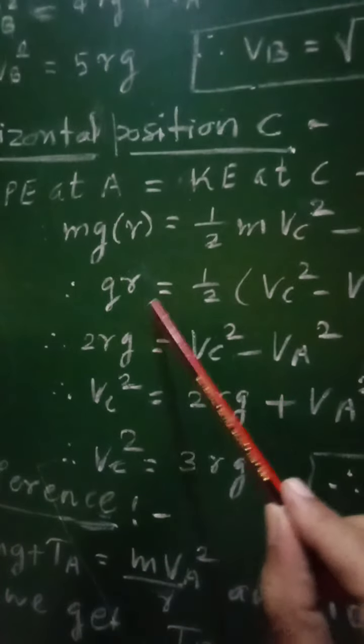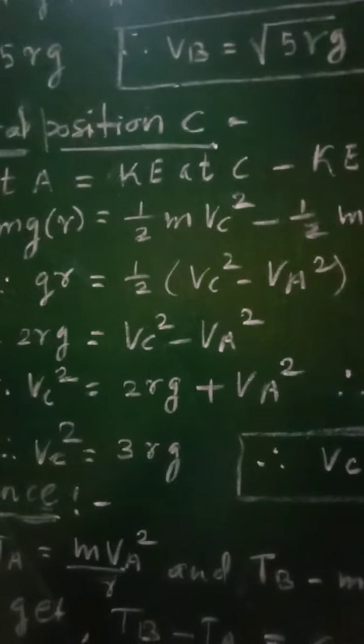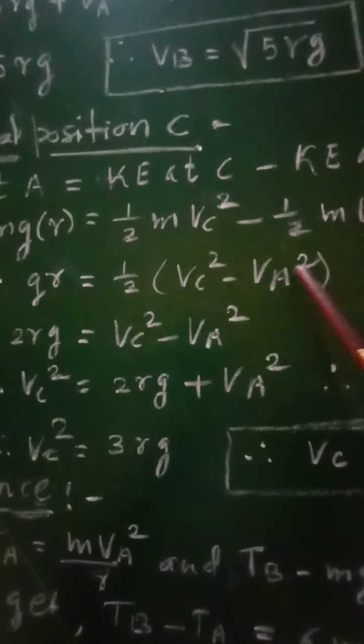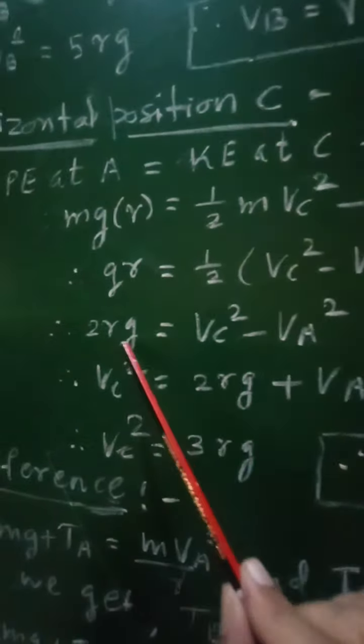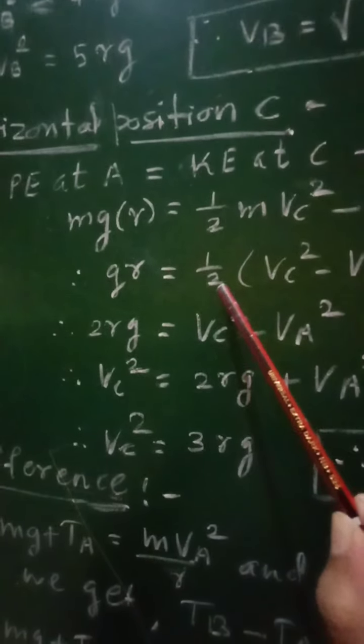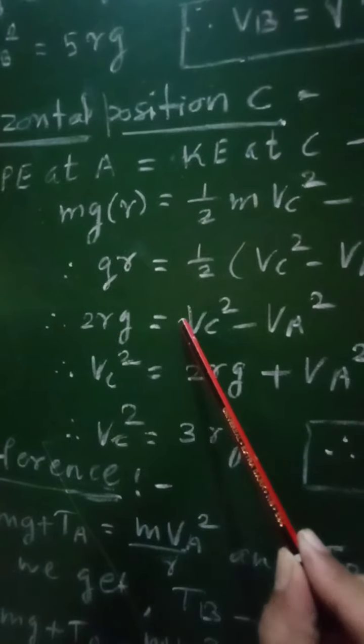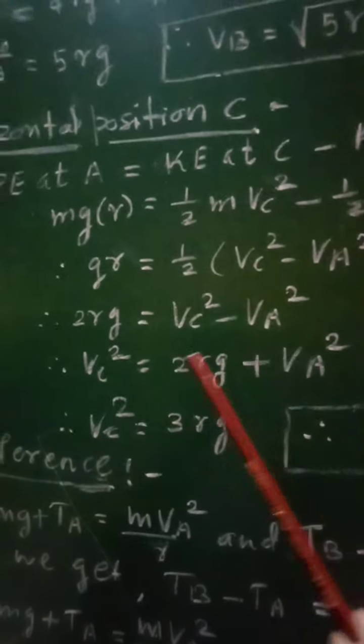So gr will be equal to, neglecting m, half into Vc square minus Va square. By shifting this 2 to the left side, we get 2rg equal to Vc square minus Va square.